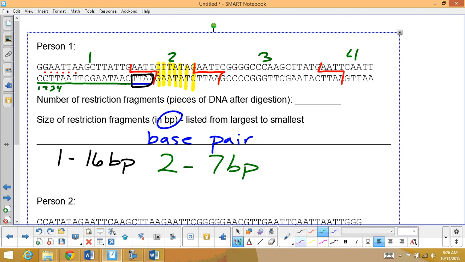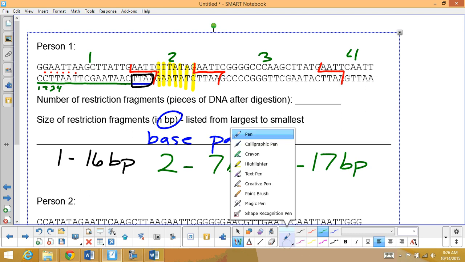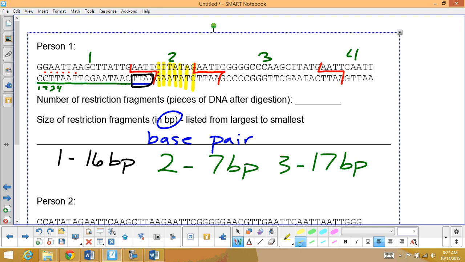So, who's got segment 3? We'll go, Emily. How many do you have for segment 3 or fragment 3? Yay or nay, do we agree or disagree with her? Agree. So we'll go through there again, not to make this long, but I want to make sure everybody sees this.